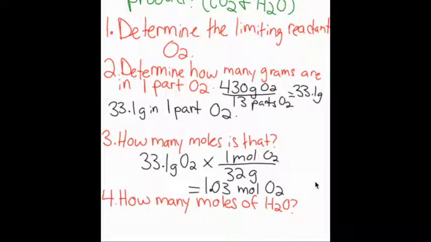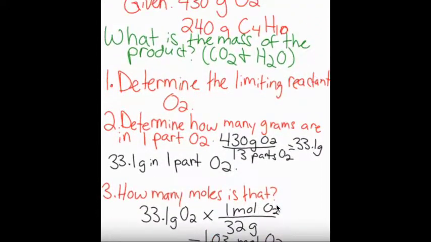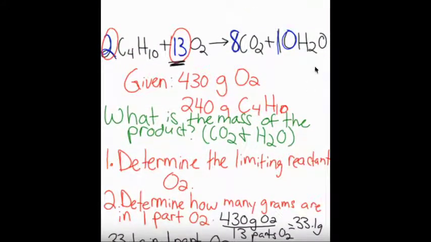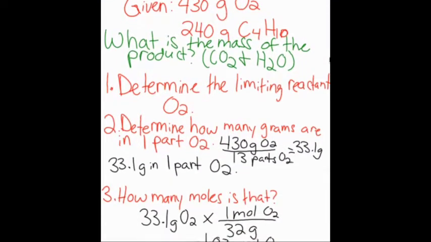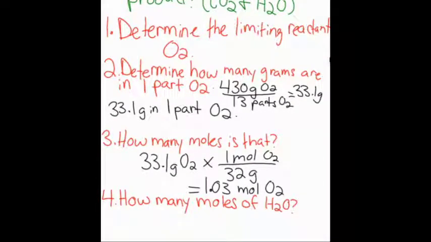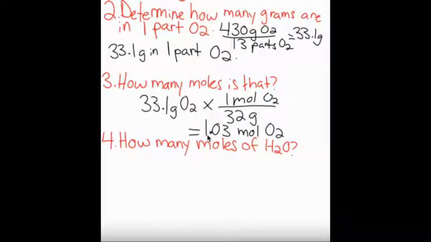Now we need to find out how many moles of water there's going to be. We're going to be using this coefficient right here, and we're going to be using the number that we just found for 1 part oxygen. So if 1 part oxygen has 1.03 moles in it, then 10 parts of water is going to be 10.3 moles.